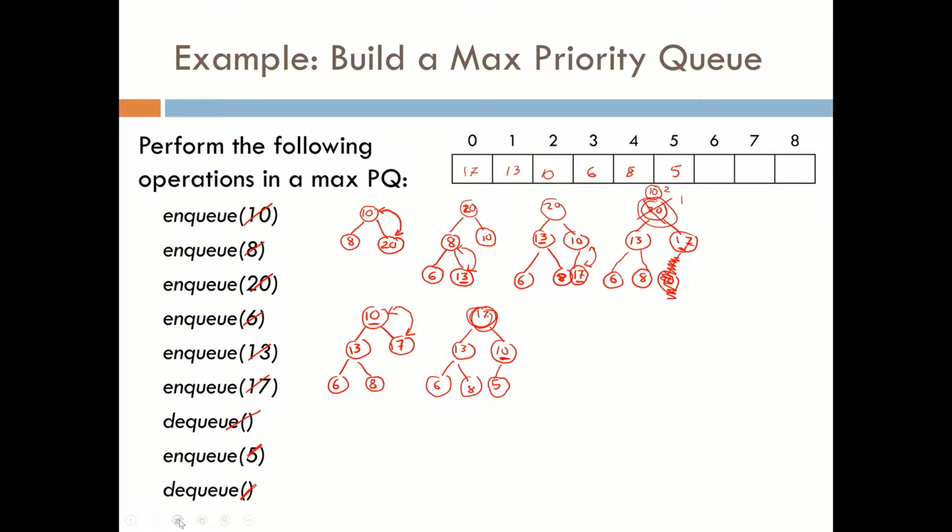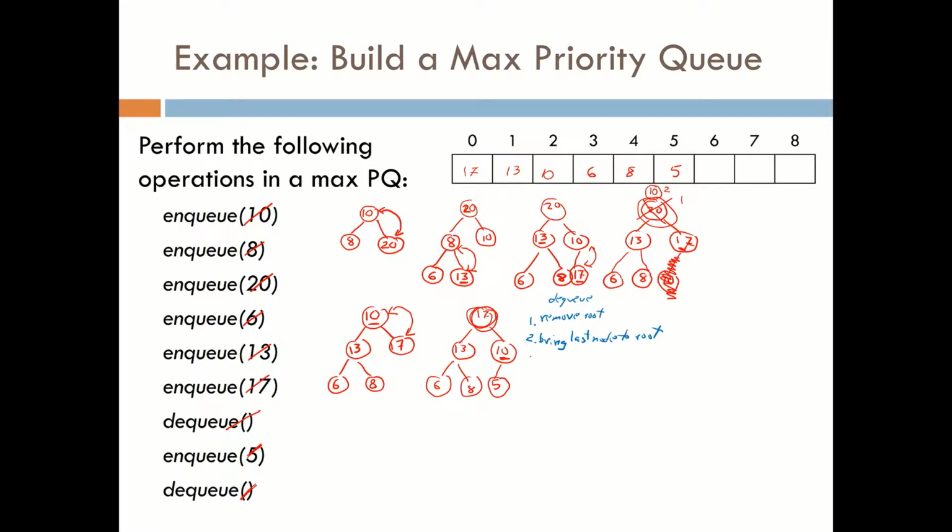Let's see if we can get a different color pen here. Okay, so let's look at the steps for dequeuing. Dequeue. Remove the root. Right, that's step 1. Okay. Step 2 is bring last node to root.